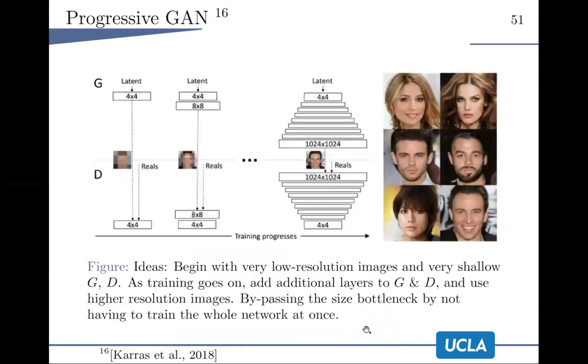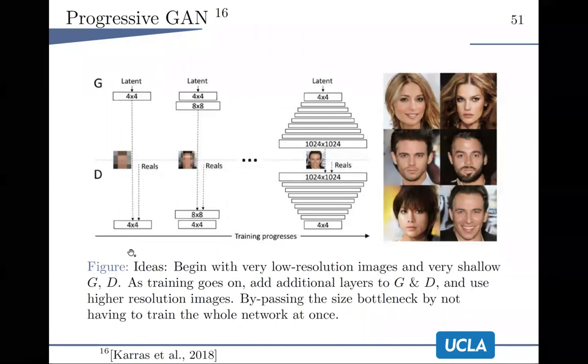Yeah. And another interesting application to talk about is the progressive GAN. The idea is that for those images, we begin with a very low resolution image and a very shallow network.